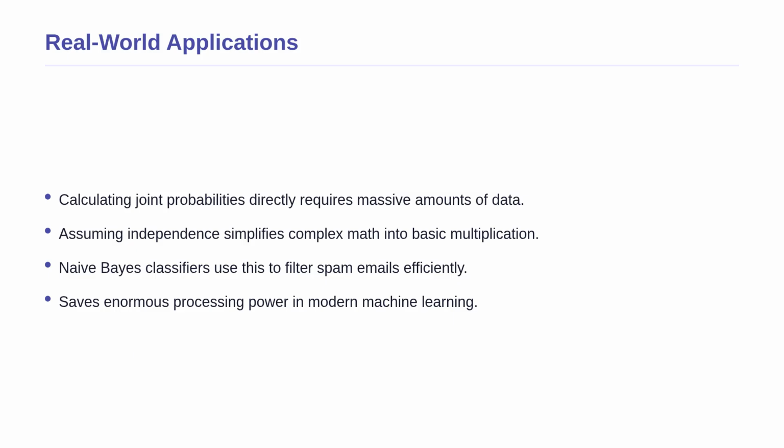However, if you can prove or assume that variables are independent, the math becomes beautifully simple through basic multiplication. This property is the entire foundation of many machine learning algorithms, like the naive Bayes classifier used to filter spam emails. By assuming words appear independently, computers save enormous processing power while solving complex real world problems.